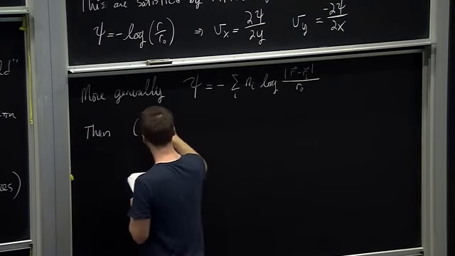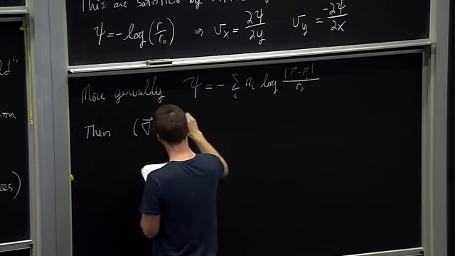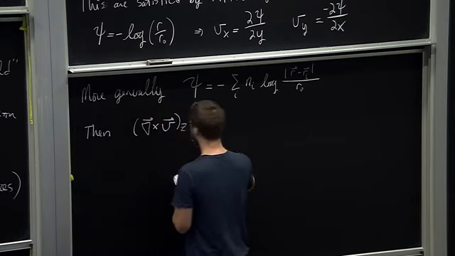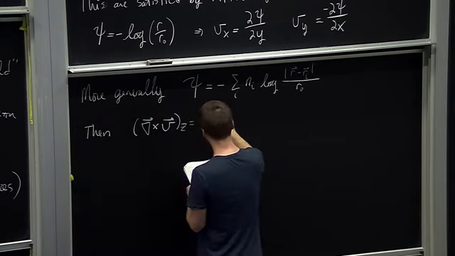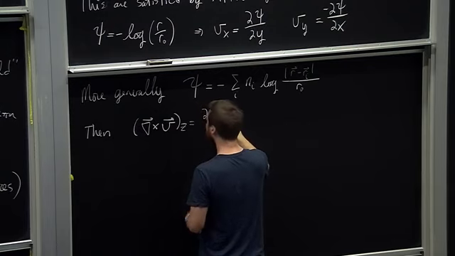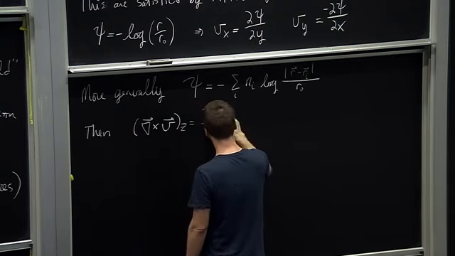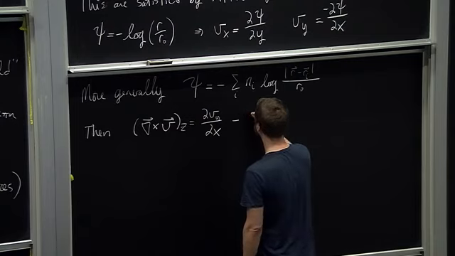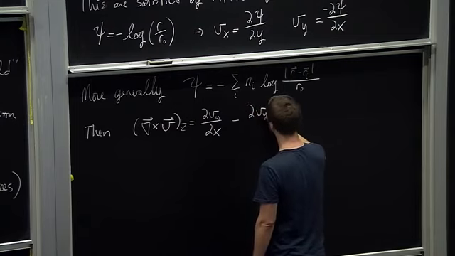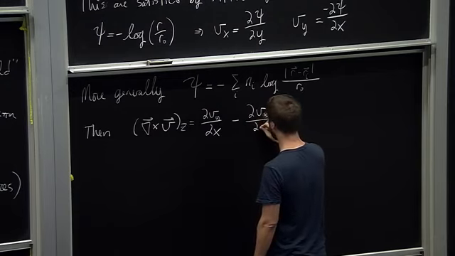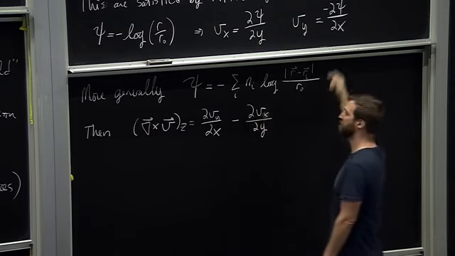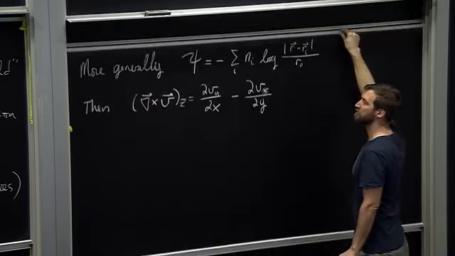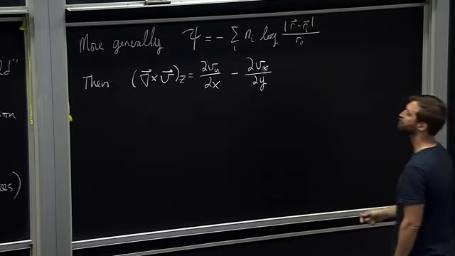Okay, so this is V, so by definition it's V. So it's in the Z direction, so it's this minus, oh no, partial x of V y minus partial y of V x. Right.